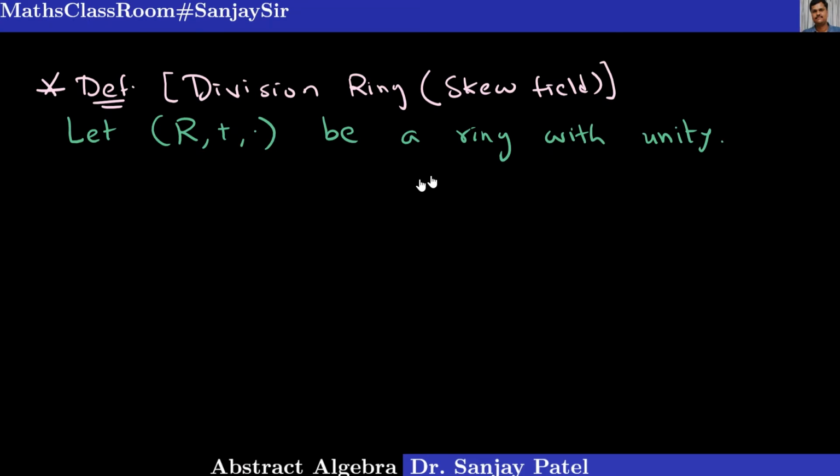Just note that I am not considering the commutative property here. That ring need not be commutative. That means a into b need not be equal to b into a in this ring. So R is a ring, and it has a unity element. Unity must exist. That is the important thing.